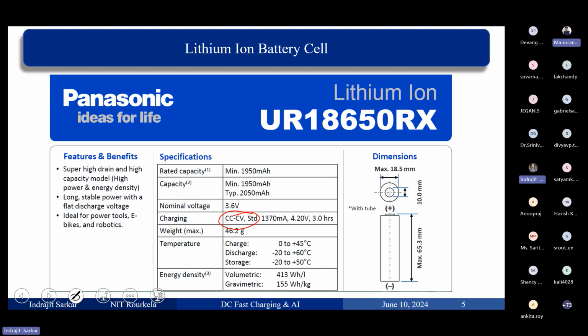We keep the voltage across the battery constant and on a little higher side, so that current flows from the source to the battery and the battery keeps charging, while the charging current going to the battery subsequently reduces. Here you can see the charging current is given as 1.37 ampere. So what is the C rate? You can calculate from this.